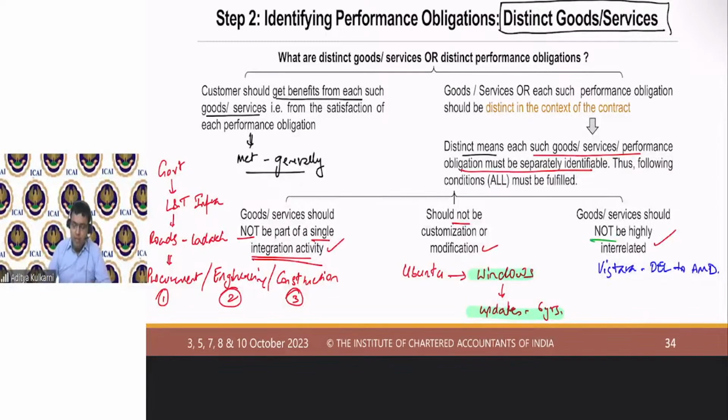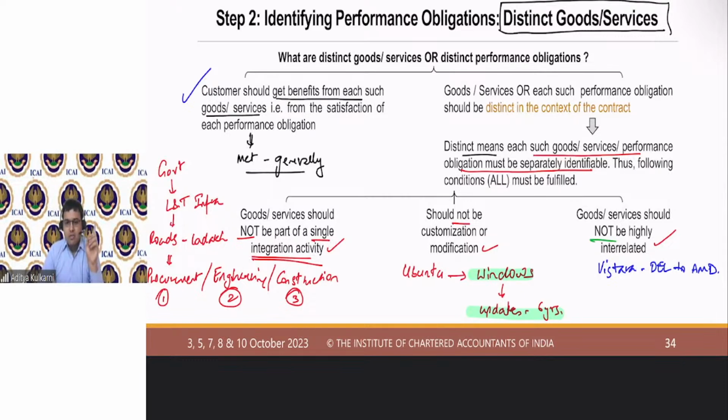So now, ultimately, what do you mean by distinct goods or services or distinct performance obligations? First one, each such performance obligation or each such goods or services should result in additional benefits to the customers. This condition is generally satisfied. We are not going to look at this while recognizing the revenue.